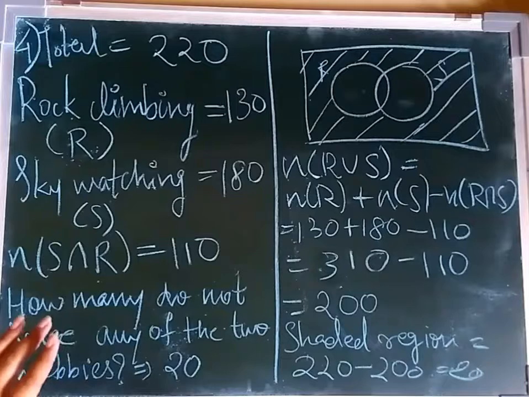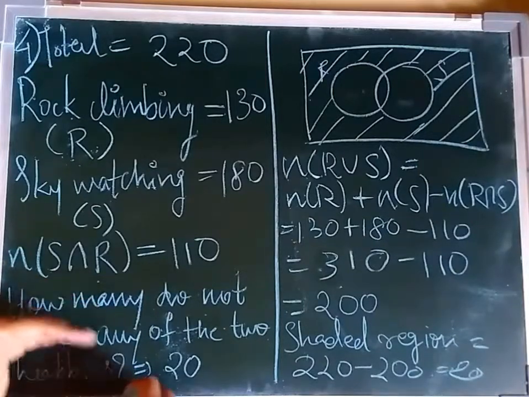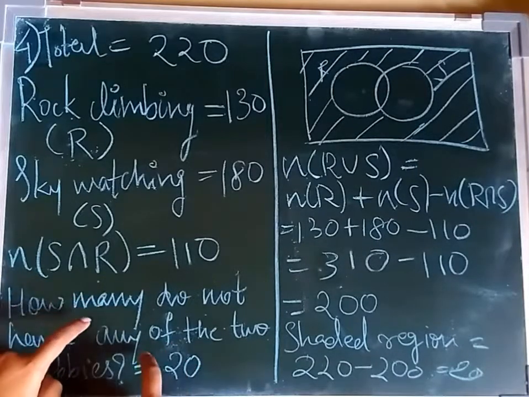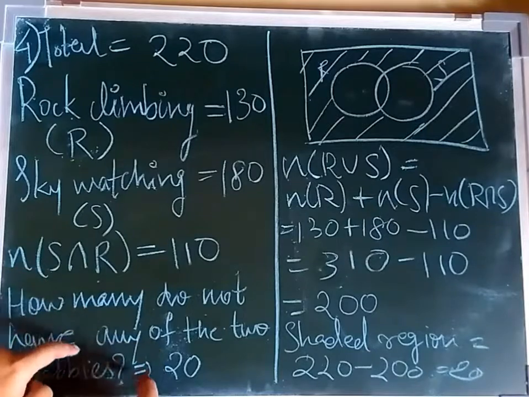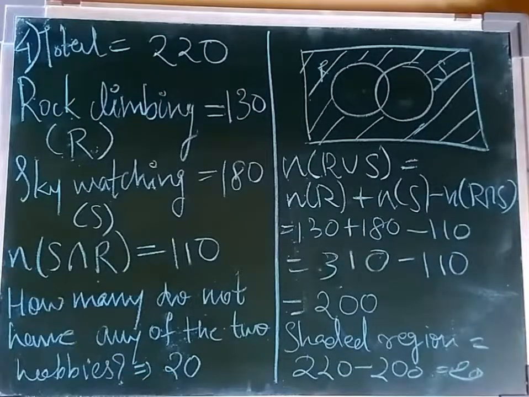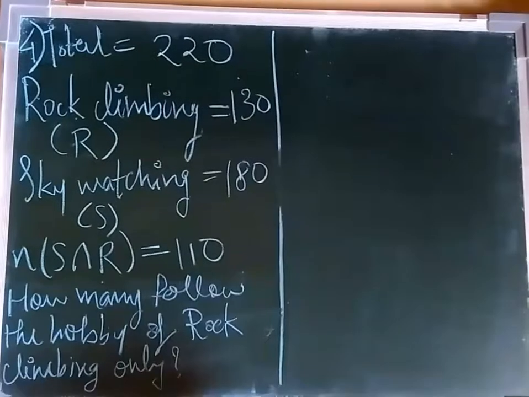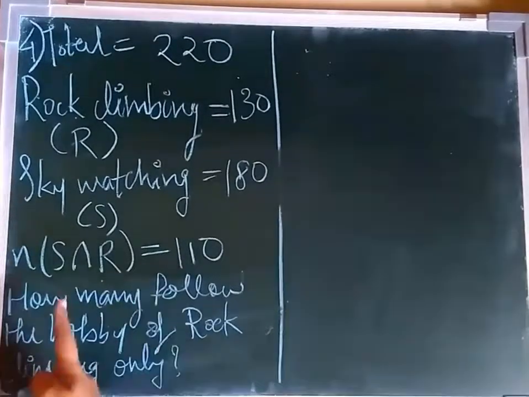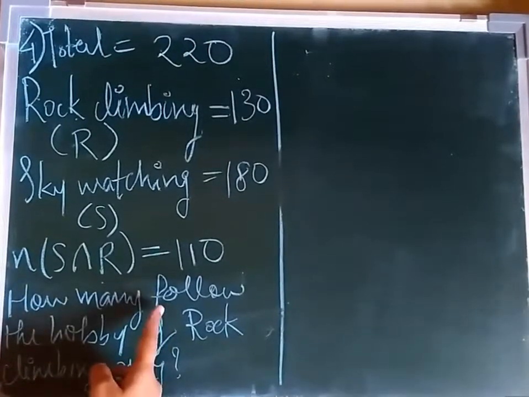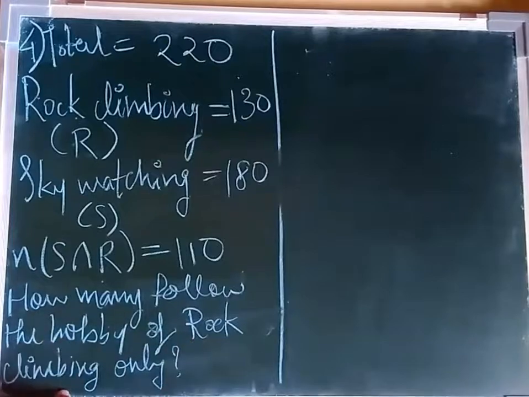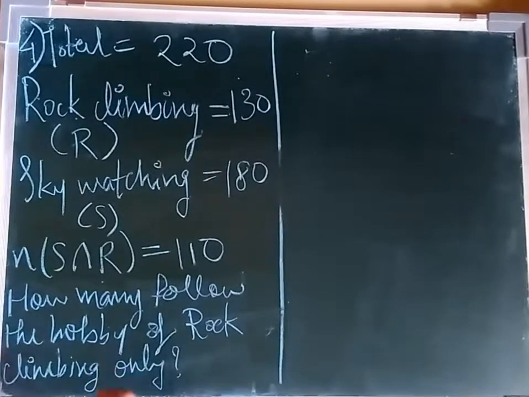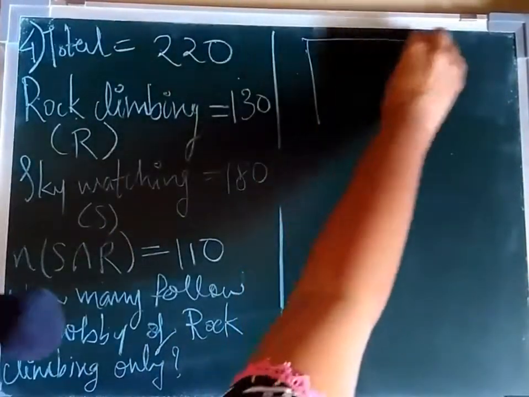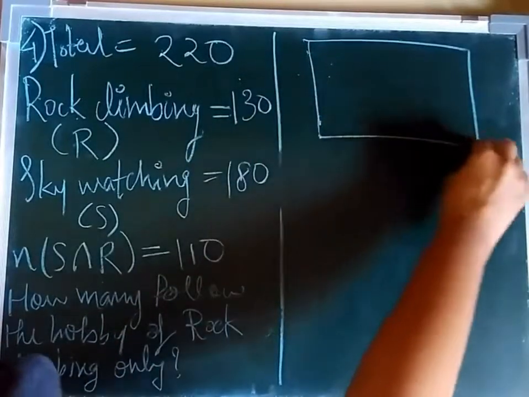Okay. Now we will discuss the second part of this question. Now this was the first sub-question. Now we have 2 more sub-questions. In the second part of the question, we are asked to find the number of students who follow the hobby of rock climbing only. That means, again I will draw a Venn diagram for better understanding.